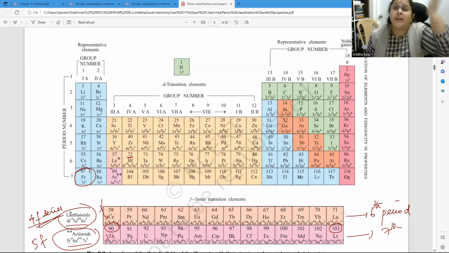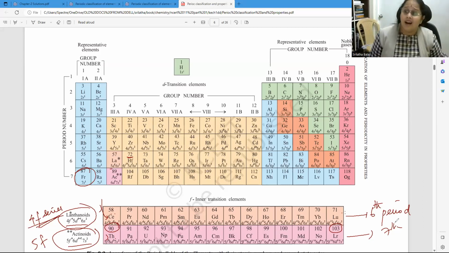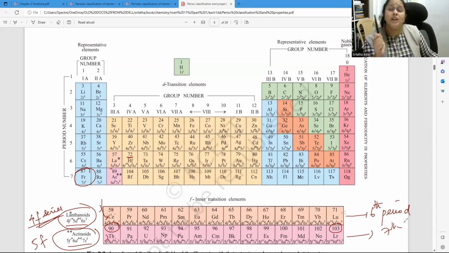Now, to which group do they belong? This part you will be doing big time in your nuclear physics when you do emission, beta emission, all that. We'll call it the group displacement law. You do all this in physics or nuclear chemistry also. There, this part is going to help you. To which group number?